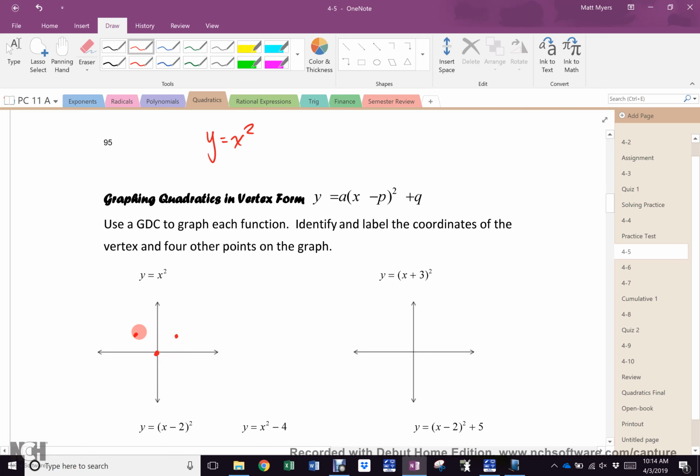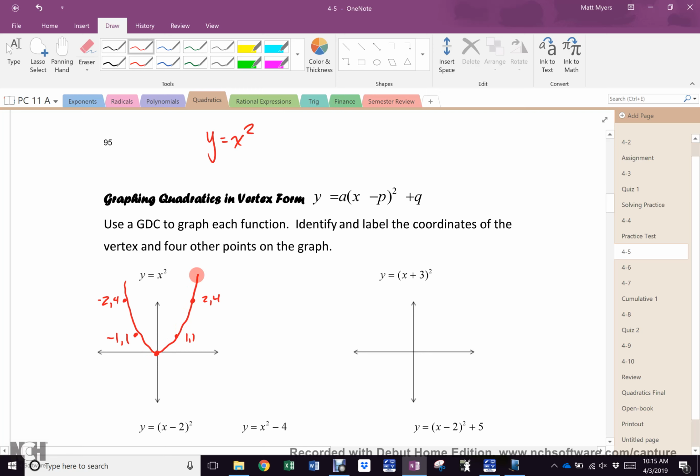Where's the third and fourth points? 2 over and 4 up. So this is 1, 1. This is 2, 4. Agreed? And then this is the reflection of the x, negative 1, with the same y value. And what is this one going to be? Negative 2 and 4. And we get the easiest parabola ever. Yes?